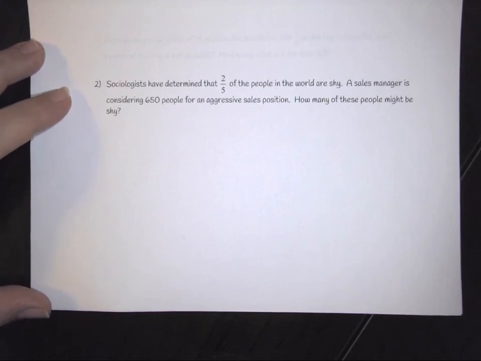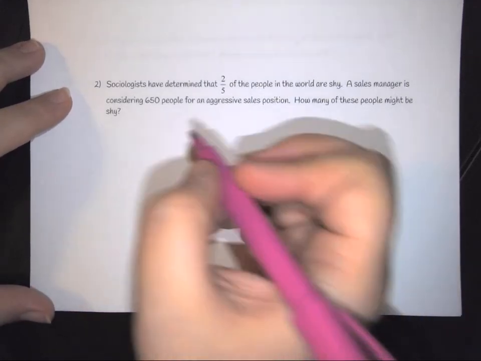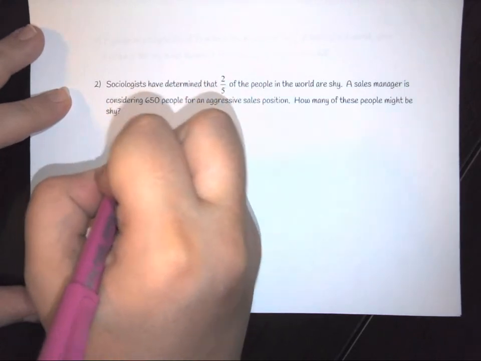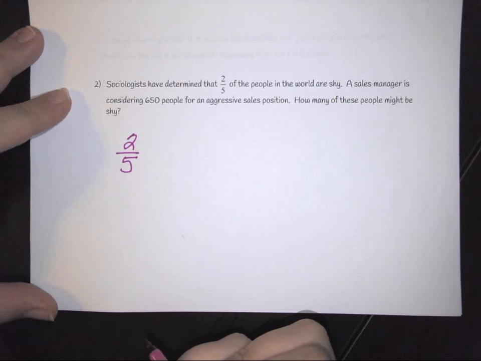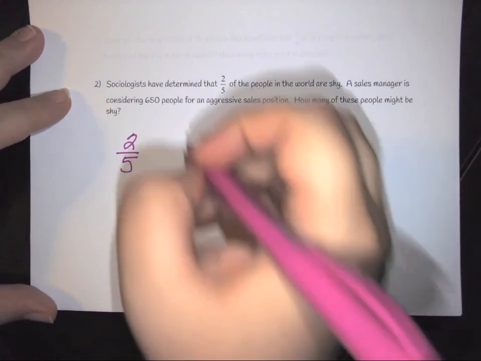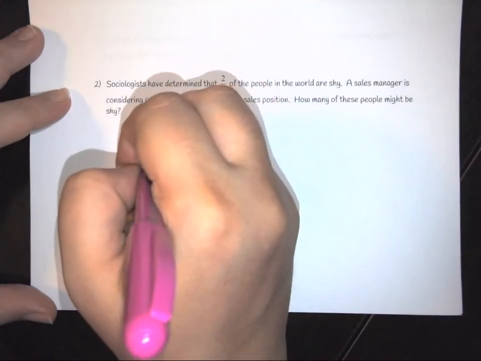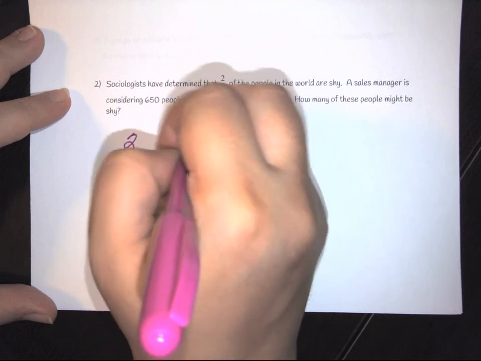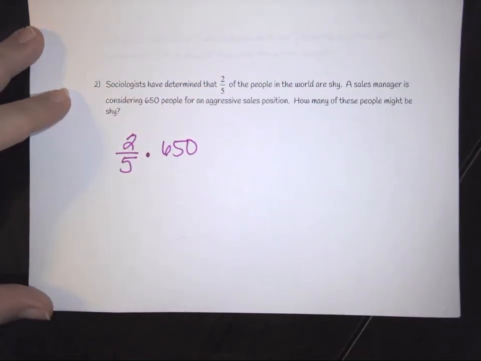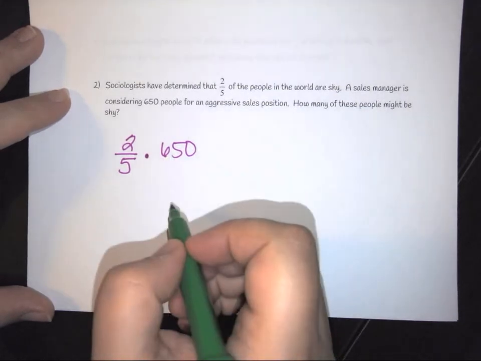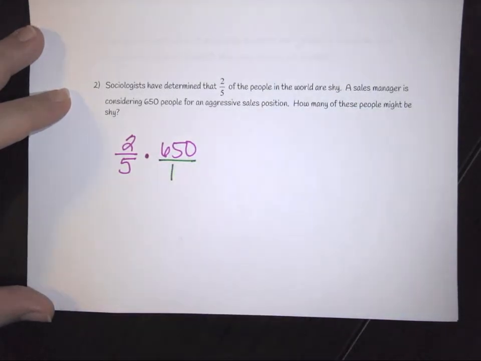Okay. So here we've got that we are starting with 2/5 of the people in the world are shy, and I want to consider 650 of those people. And so to do that means I need to remember 650 is a whole number, so it's the same as over 1.